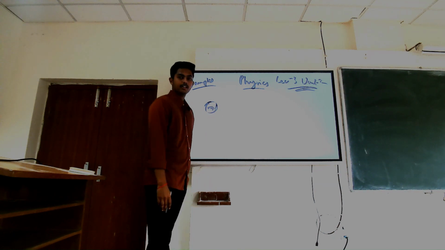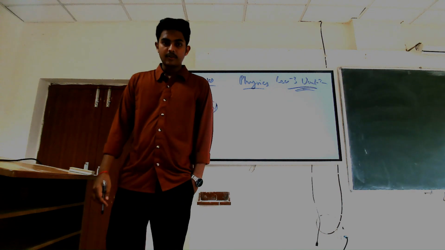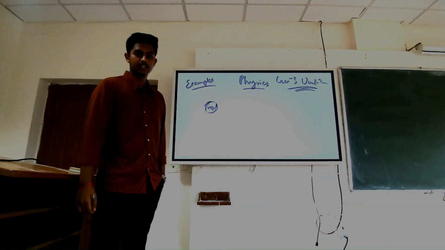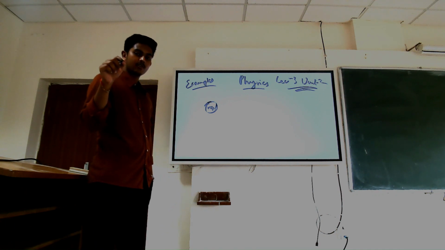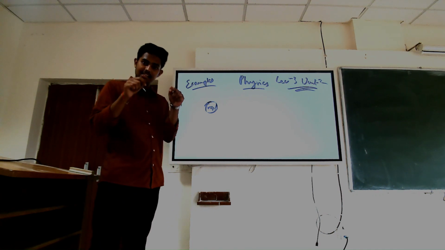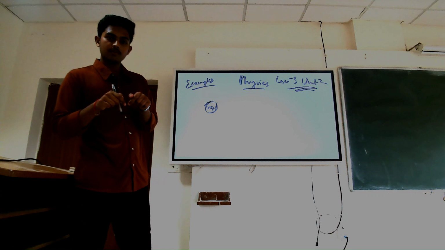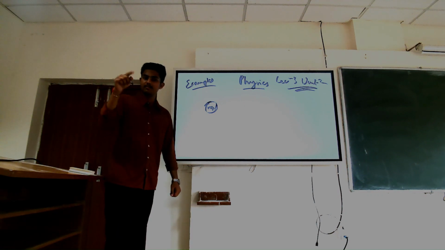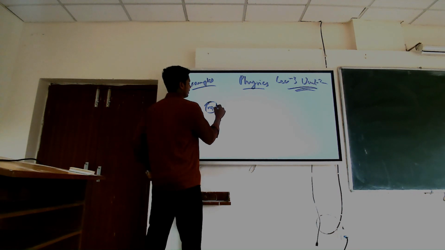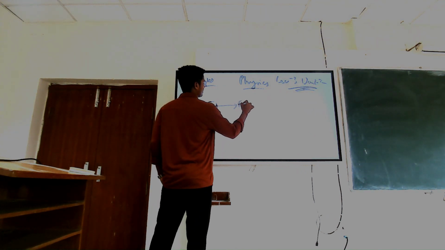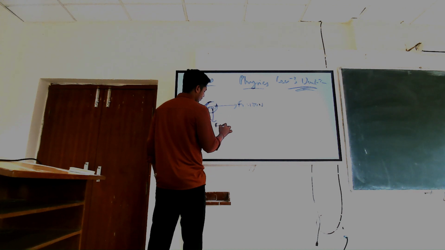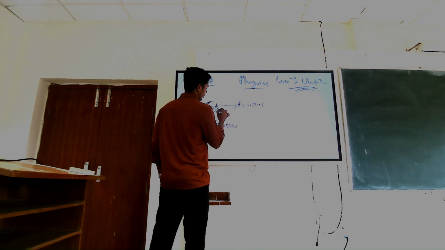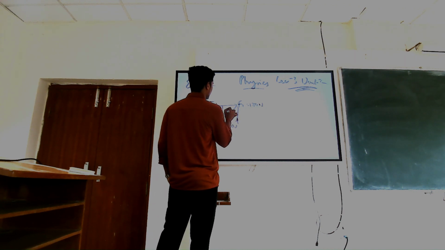I have told the free body diagram for the force applied on a body, and the resultant force, in the previous video. If you want, I'll link that video in the comment section or description. See, Fx is 180 Newton and Fy is 50 Newton, right? So we get some resultant. Let's find the theta.